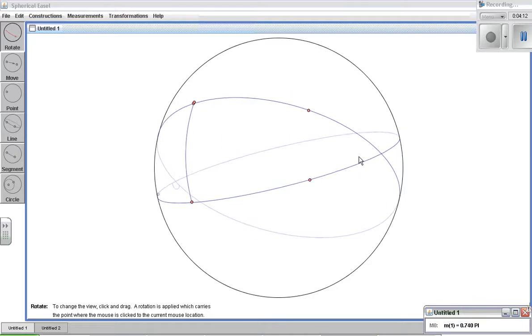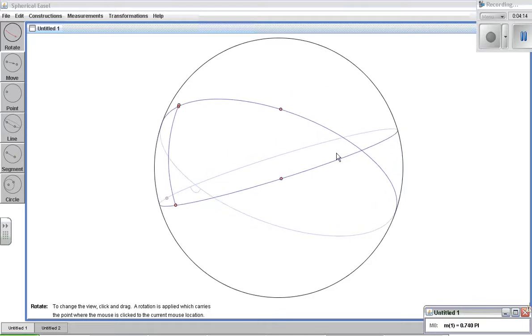Same thing here, and obviously this angle is not 0, so the sum of the measures of the angles is more than 180.